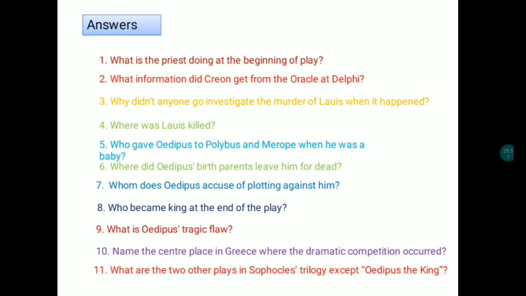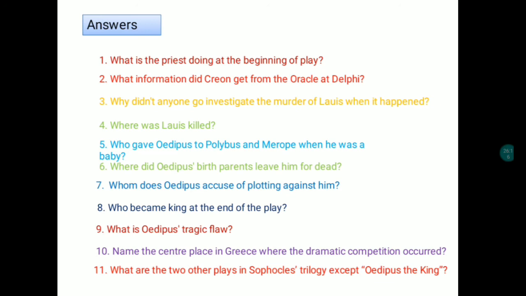Next, whom does Oedipus accuse of plotting against him? Next one: who became king at the end of the play? Then, what is Oedipus's tragic flaw? Next, name the central place in Greece where the dramatic competition occurred.